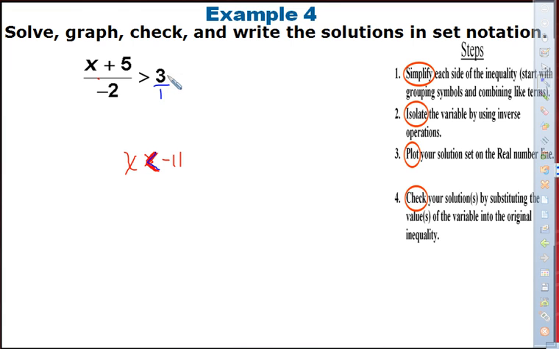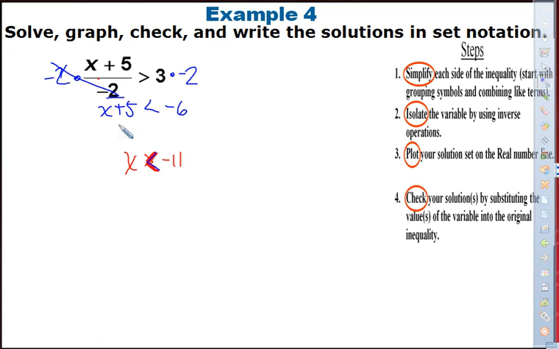Does everybody see that? So in order to get rid of this negative 2 that's dividing, we need to multiply negative 2 to both sides. And once again, if we multiply or divide by a negative, what happens to the symbol? We flip it. This becomes x plus 5 less than negative 6.